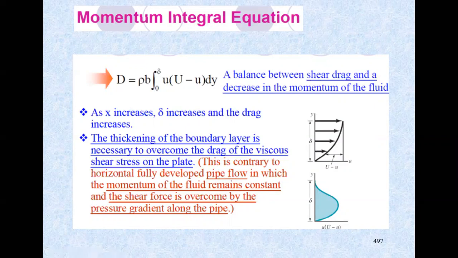That is the basis of the solution, when you assume that the momentum is overcome by the drag from the shear stress. The thickening of the boundary layer is necessary to overcome the viscous drag on the plate.